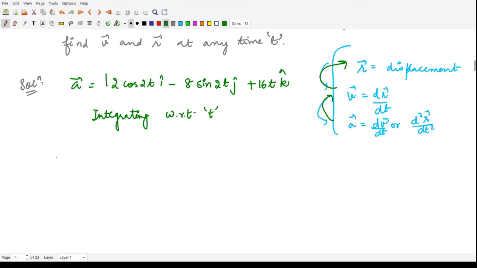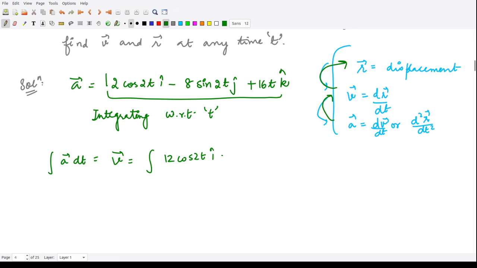We have the integration of vector a with respect to t, which is vector v, and we have the integration of this whole vector, that is 12 cos 2t i cap minus 8 sin 2t j cap plus 16t k cap dt.